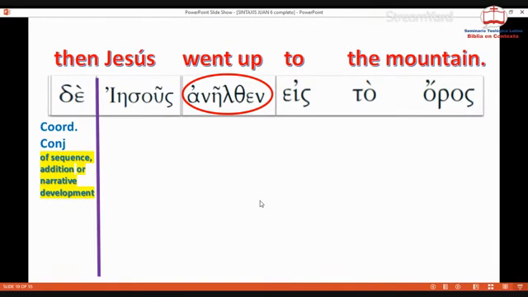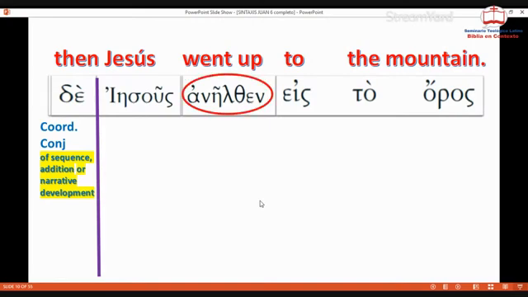So apilthen is an aorist verb, and anilthen is the same verb, but it is made up of the preposition ana instead of apo, ana and then erchomai, as you can see here, and that erchomai in the aorist form is ilthen, anilthen, okay?